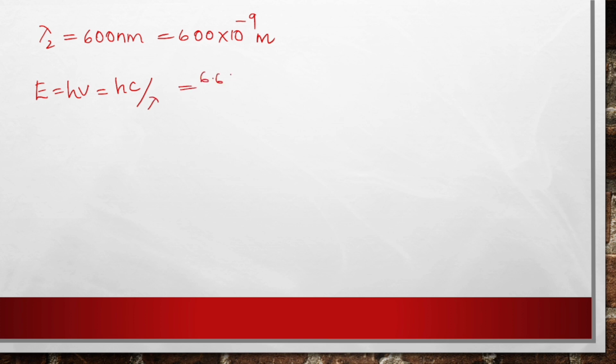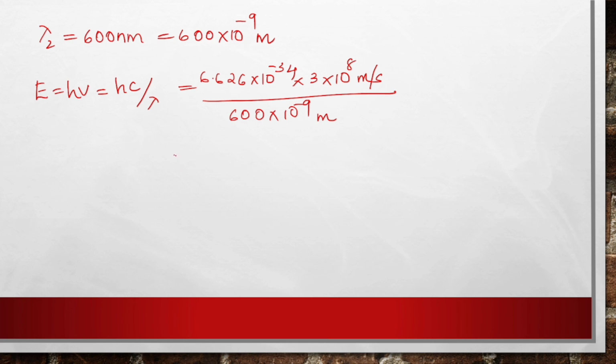Substitute the value: 6.626 into 10 power minus 34 into C, 3 into 10 power 8 meter per second, divided by lambda value 600 into 10 raised to minus 9 meter. And the answer you will get is 3.313 into 10 raised to minus 19 joule.